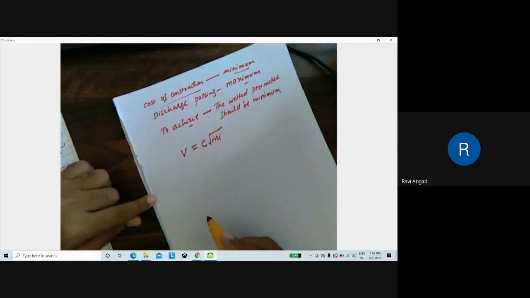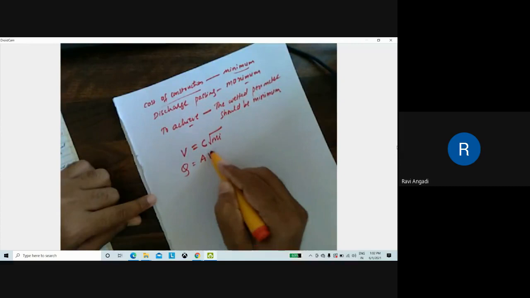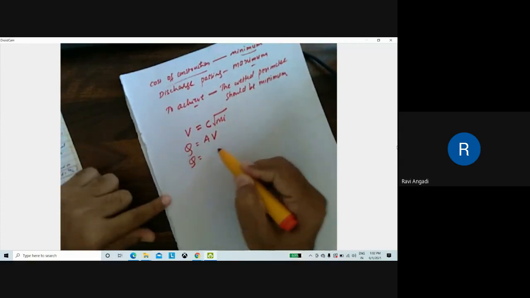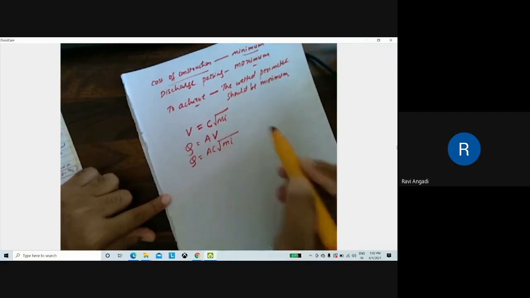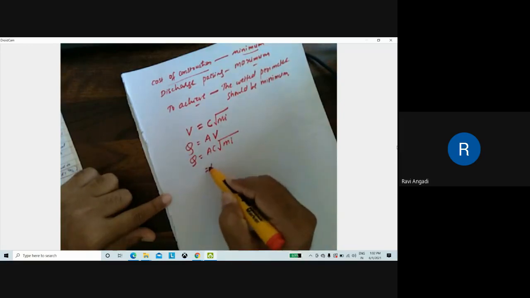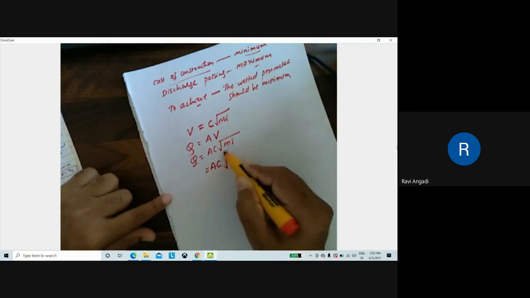Then what is Q? A into V. Then substitute here, what you get? A C root of M into I.